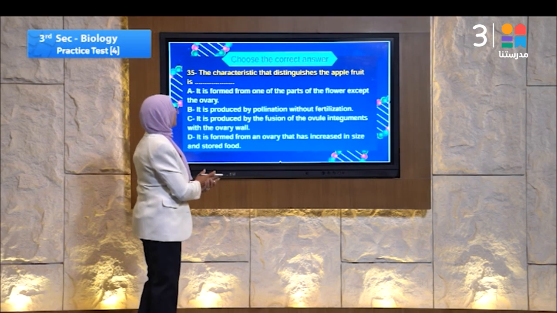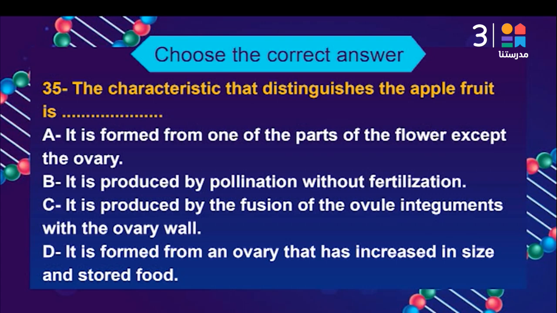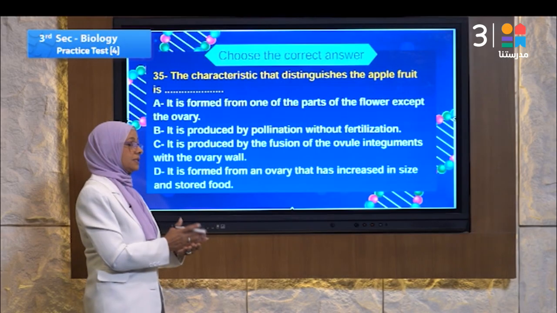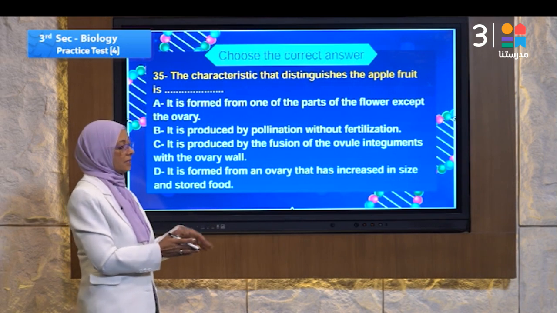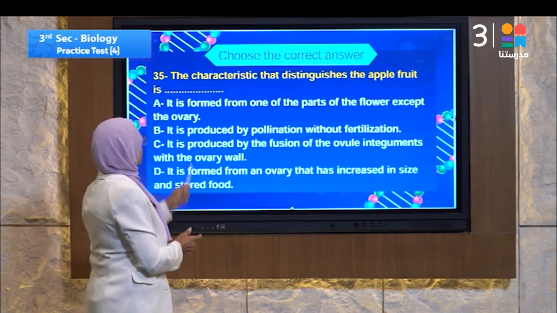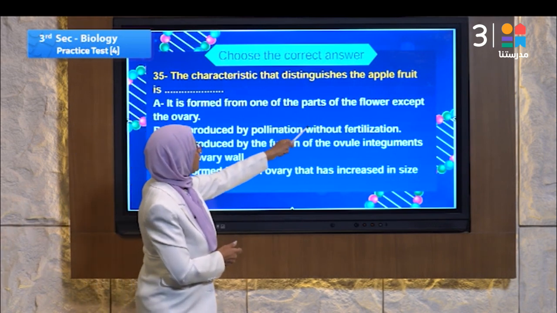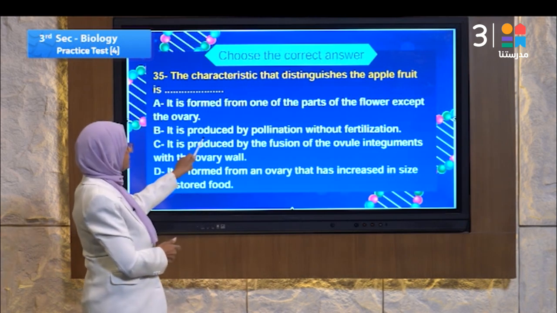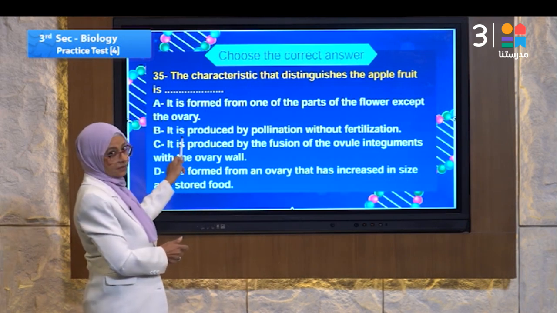Let's go to question number 35. The characteristic that distinguishes the apple fruit is. What is the apple fruit? The apple fruit is a false fruit. Let's read the choices, then decide the answer. A, it is formed from one of the parts of the flower except the ovary.